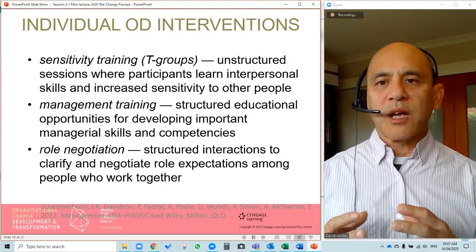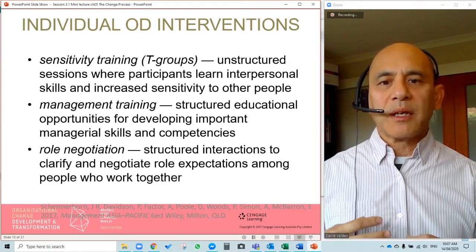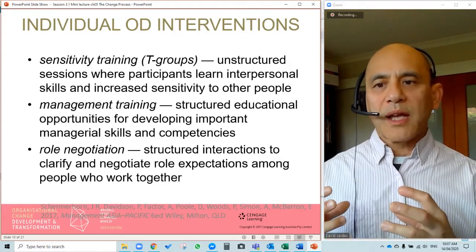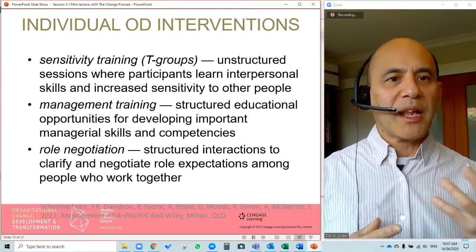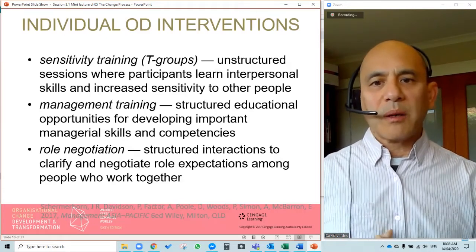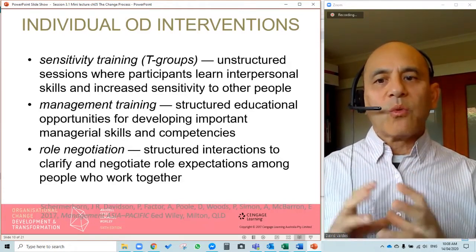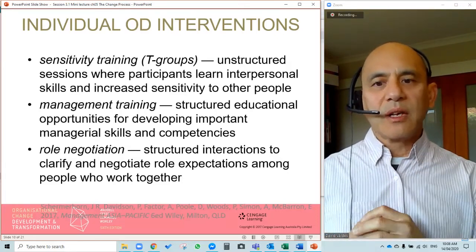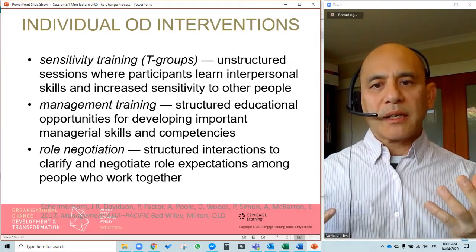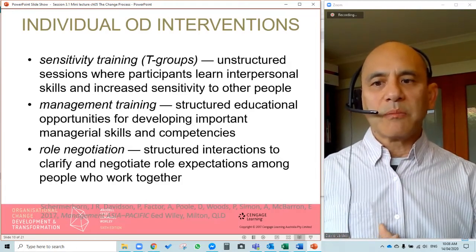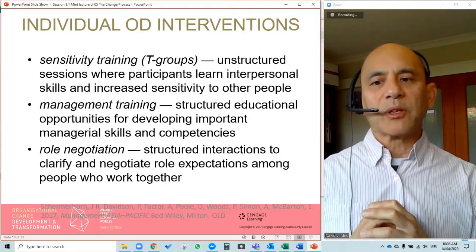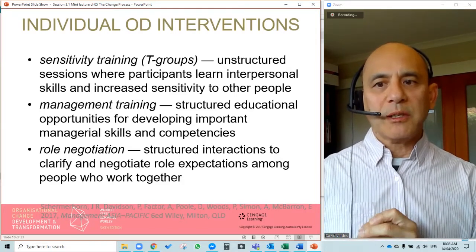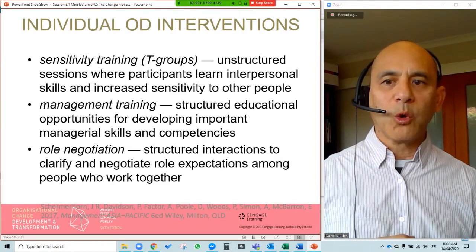Some interventions examine the actions of each person within the team, and whether that action has a positive or a negative effect on the other members of the team. That kind of awareness will help an employee realize that the things he does may have an impact on other people within the team. So if you want them to work better together, they should be more sensitive to that interaction within the team. That's an example of role negotiation.